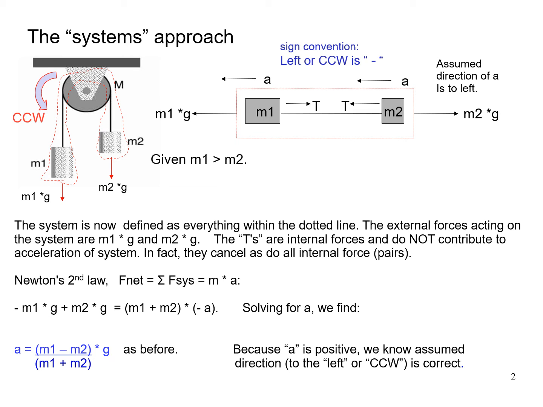Now, warning, the following thought is a partial hand wave. The reason internal forces cancel is that they always come in action and reaction pairs, as a result of Newton's third law. As a result, these forces can be grouped together in such a way they always cancel. In our example, the string pulls on m1 with tension T, and m1 pulls back on the string with the same magnitude but in the opposite direction.